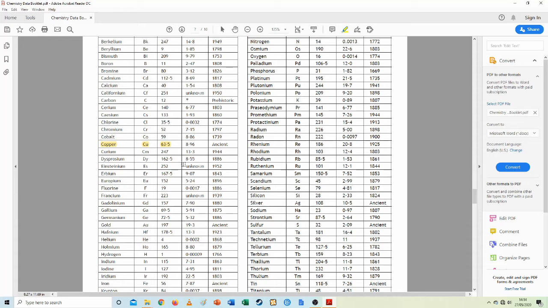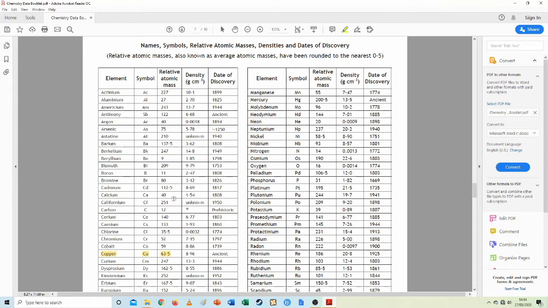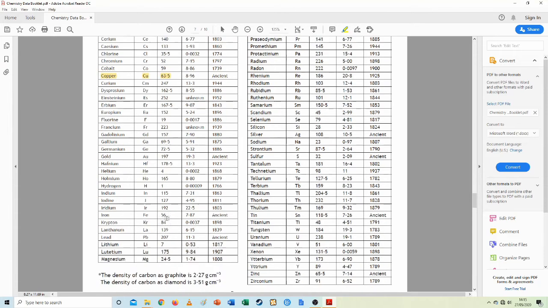So the number of protons really gives you the element. The number of neutrons can vary, and the element will remain the same, but we say that they are different isotopes of one another. Right, so that is our sheet. The ones that you really want to concern yourself with for the question that we've got is carbon, which has a relative atomic mass of 12, hydrogen, and it's all in alphabetical order, so if you can sing the alphabet song, you can work this.